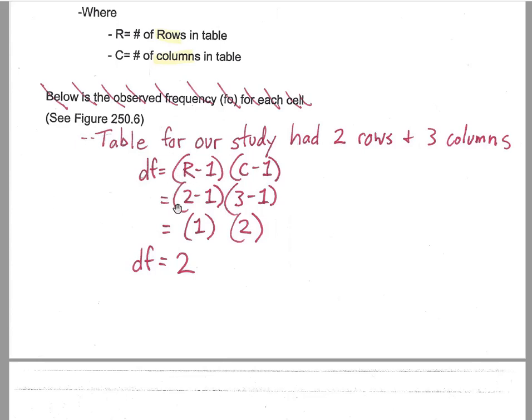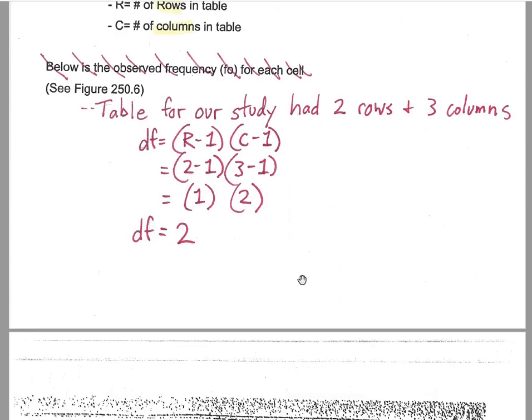Uppercase R in our study was 2 because our table had 2 rows. Uppercase C was equal to 3 because our table had 3 columns. 2 minus 1 is equal to 1, and 3 minus 1 is equal to 2. Now we do the multiplication. 1 times 2 is equal to 2, so we have 2 degrees of freedom for the current analysis.